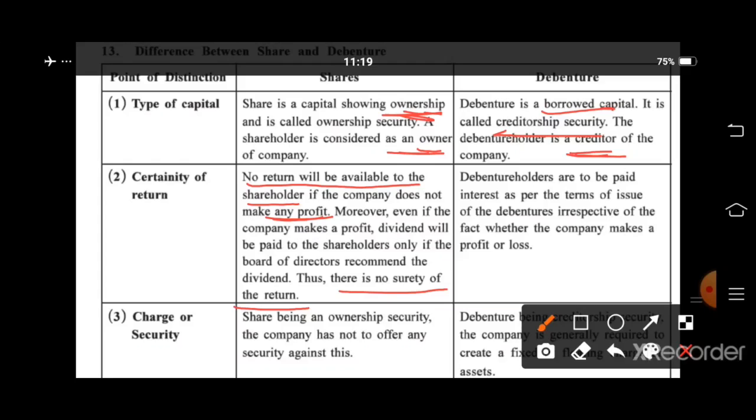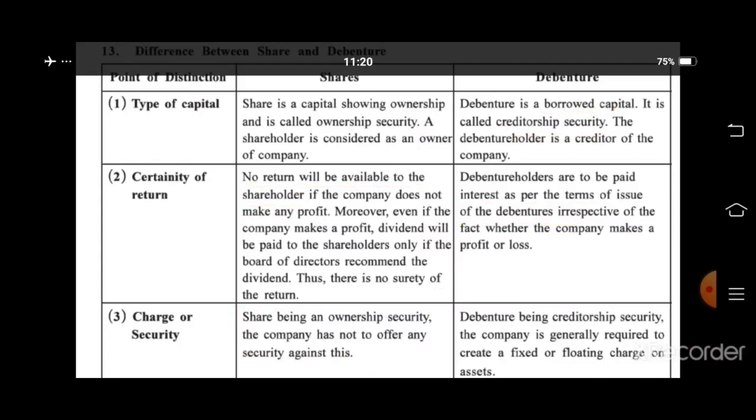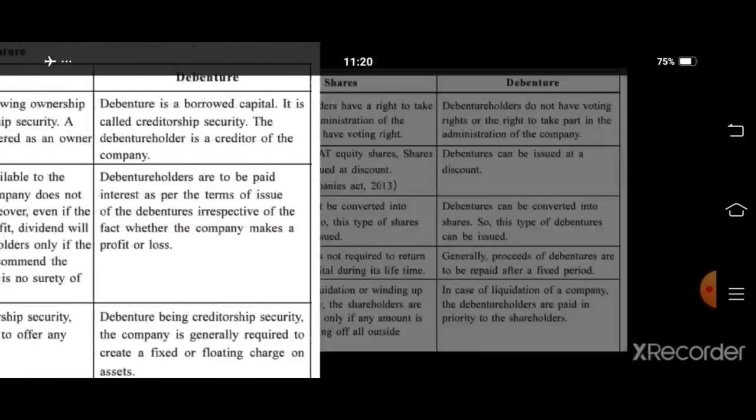Debenture holders are to be paid interest as per the term of issue of the debenture, irrespective of whether the company makes a profit or loss. Charge or security. Share being an ownership security, the company does not have to offer any security against this. Debentures being creditorship security, the company is generally required to create a fixed or floating charge on assets.